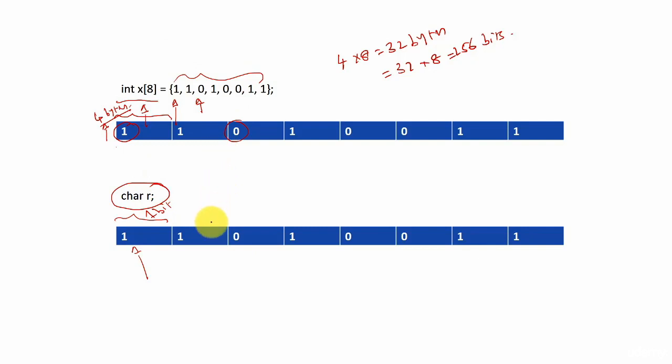But the question is how you are going to access individual bits. In the case of an array, if you want to refer to a particular element, you can just use the subscript operator, right? And that is going to refer to the first element, all 32 bits. But accessing individual bits is only possible by using bitwise operators. And here is the usefulness of bitwise operators.